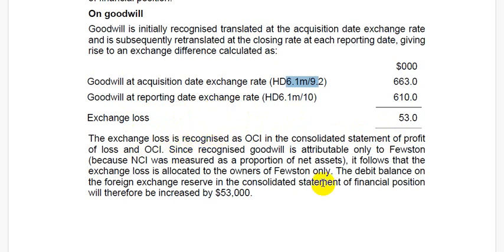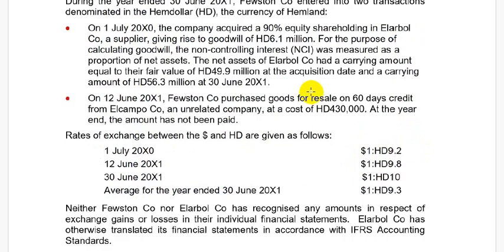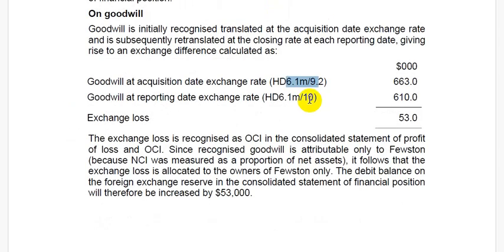Since recognized goodwill is attributable only to FCO, because we are told that for the purpose of calculating goodwill, the NCI was measured as a proportion of net assets, meaning the goodwill calculated only belongs to the parent. So this exchange loss will only affect the parent.